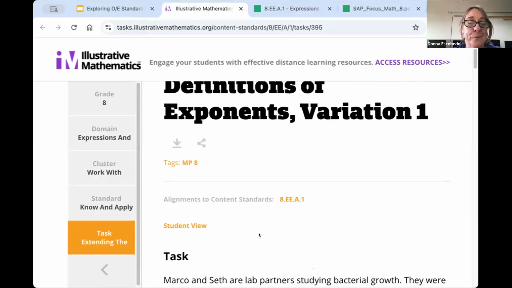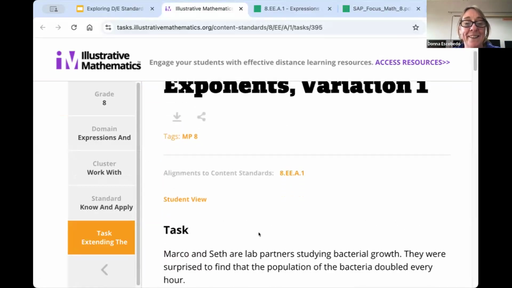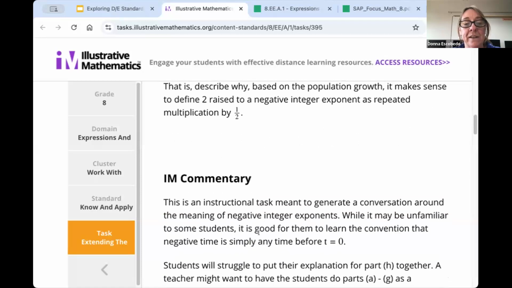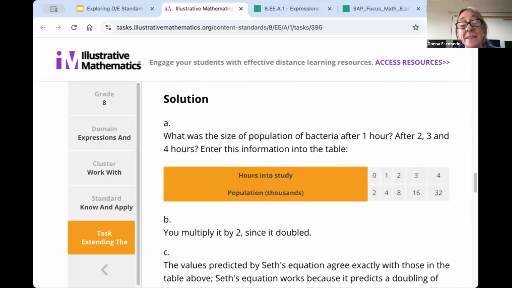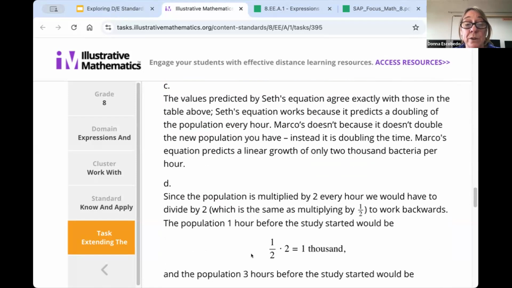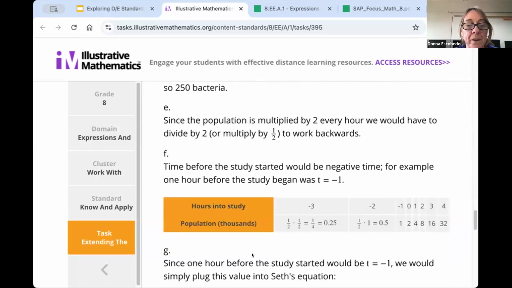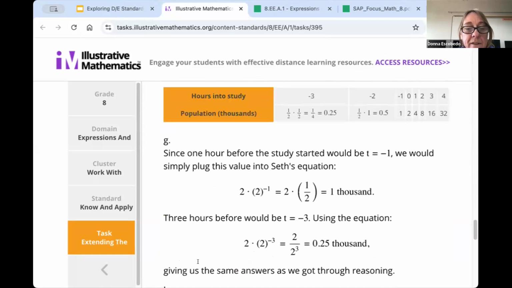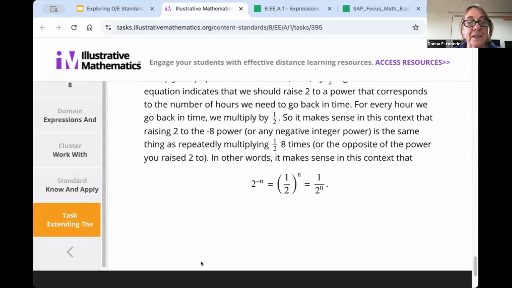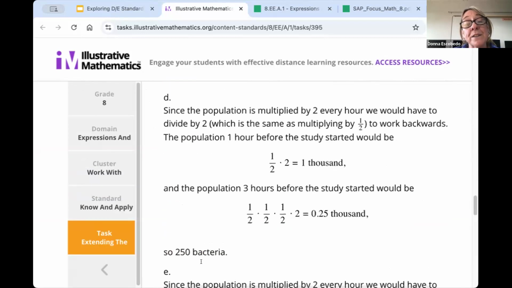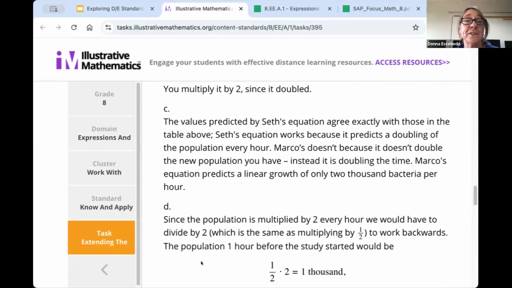But for teachers, to help us out, it's got the task, but then it's got great explanations of what's going on, what's the solution, what are different ways that students might get to the solution. This one does not have multiple solutions, but they'll oftentimes have different approaches. So kind of like Sarah was talking about, there are different ways to get to our answers.